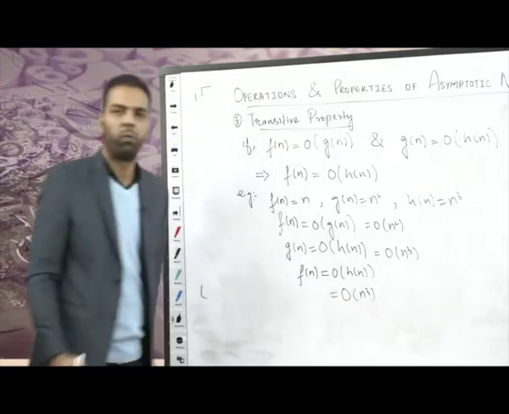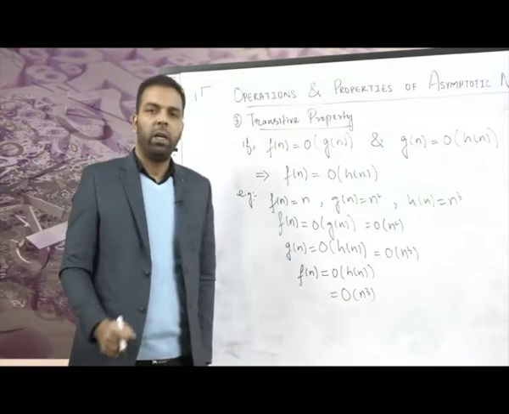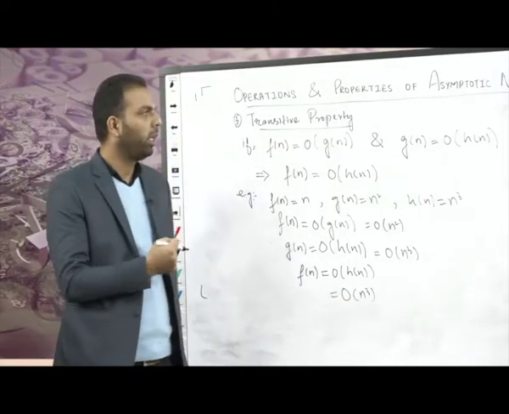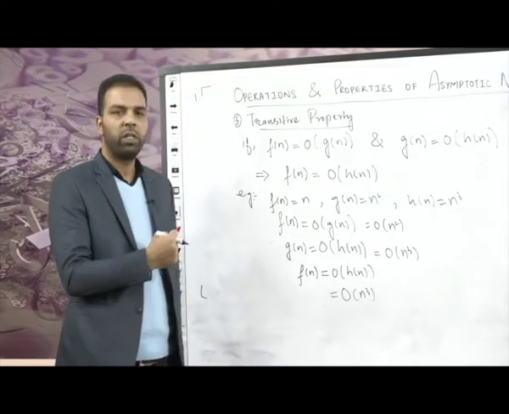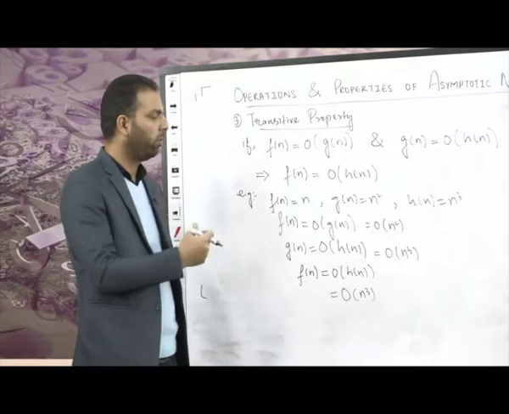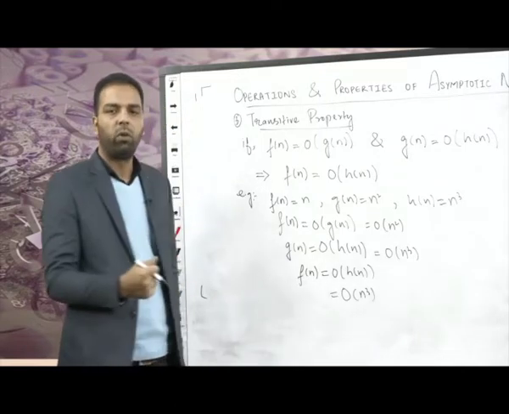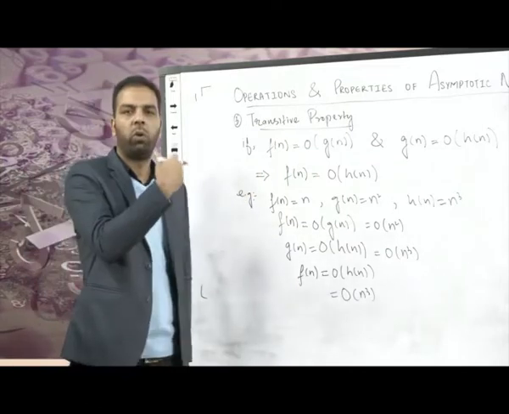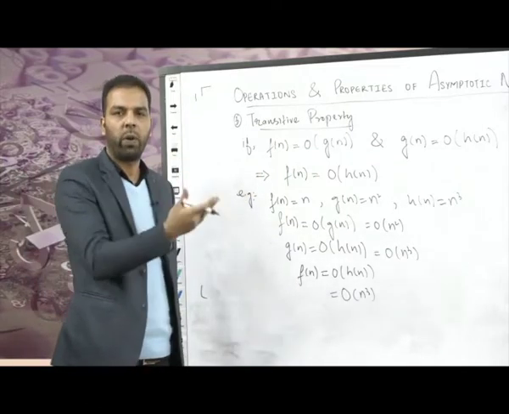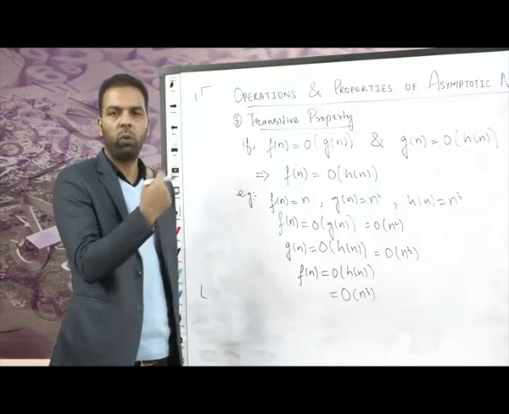Yes, it is true. While studying the time and space complexities and growth of functions, I have shown you that whenever we have to calculate the upper bound, we can go anywhere. If we have n, we can go to n log n, we can go to n square, we can go to n cube, we can go to 2 raised power n.